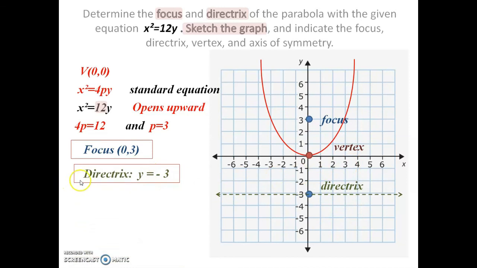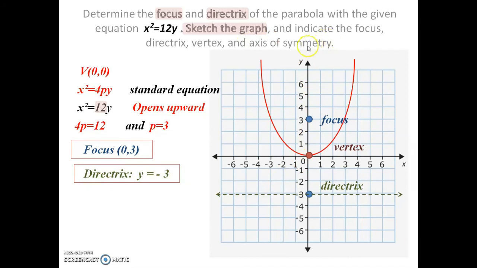The directrix is y equals -3. So if the parabola opens upward, the directrix is located below the origin, or below the vertex. So the equation of that is y equals -p, and p is 3, so it is -3.